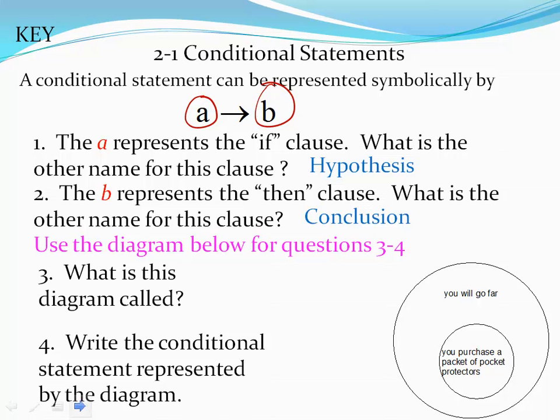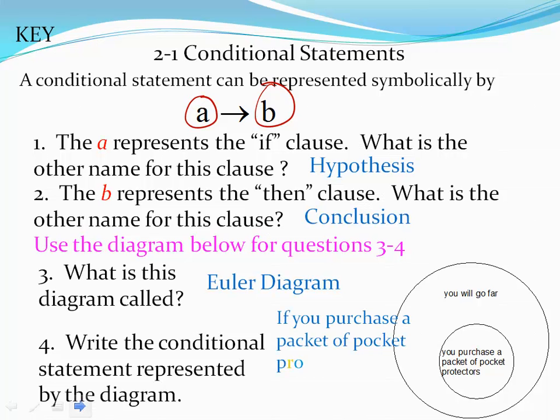All right. In the book, it talks about the Euler diagram. We think that we would pronounce that Euler, but his name is pronounced Euler. He was a famous Swiss mathematician. You'll hear quite a bit about him in the years ahead in your math studies. He made this diagram to help show how you can represent a conditional statement. The conditional statement represented by this diagram is if you purchase a packet of pocket protectors, then you'll go far.